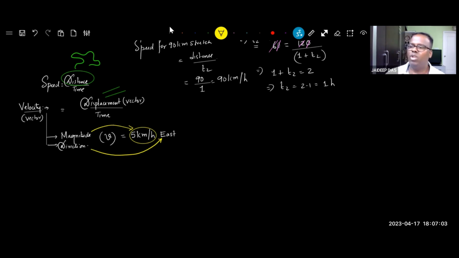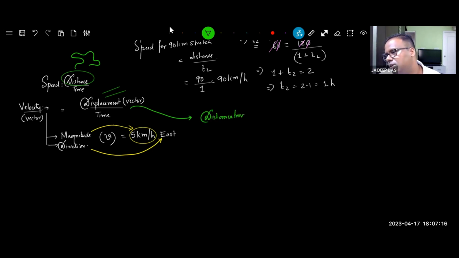Now let us see the different ways to interpret the word displacement. Can I also say displacement is distance traveled in a straight line? You can't deny that. If you are unable to understand, just look at what I'm doing.